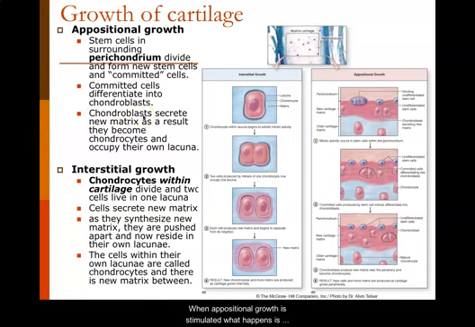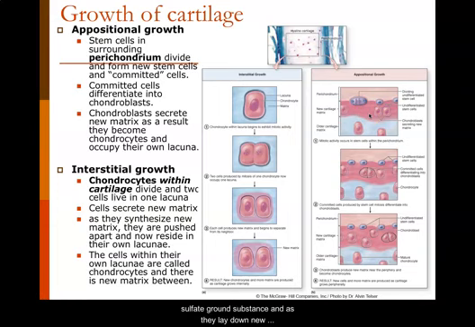When appositional growth is stimulated, these chondroblasts that are living in the perichondrium begin to lay down new extracellular matrix materials. These are the cells that build the collagen. These are the cells that build the chondroitin sulfate ground substance.